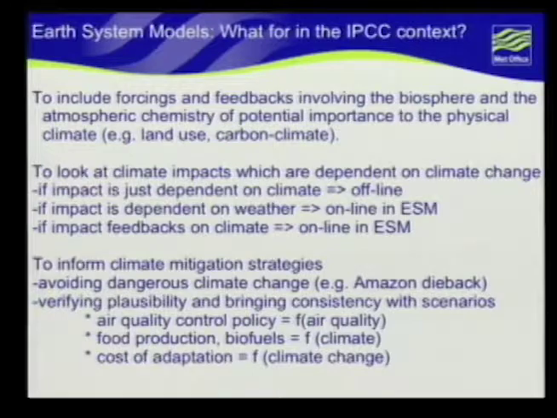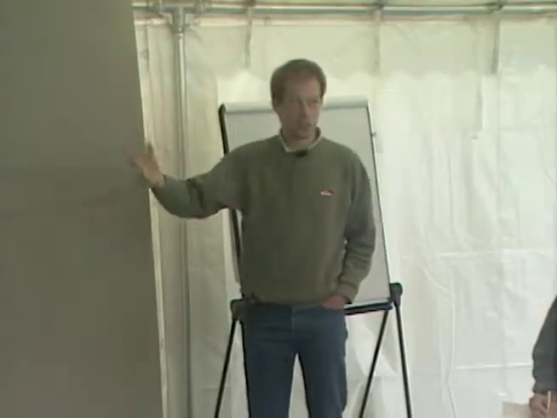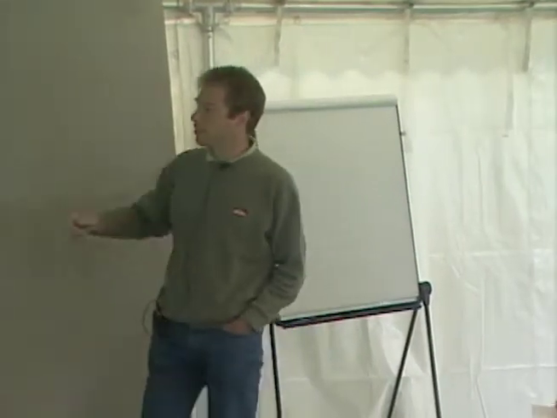But if the impact is very much dependent on weather, then there is an argument that you want to look at it online in an Earth system model, because you would have to store far too much data to look at it offline. For instance, coastal surge really depends on surface pressure and on precipitation, and it's just easier to diagnose that online than storing terabytes of data and doing the analysis offline.